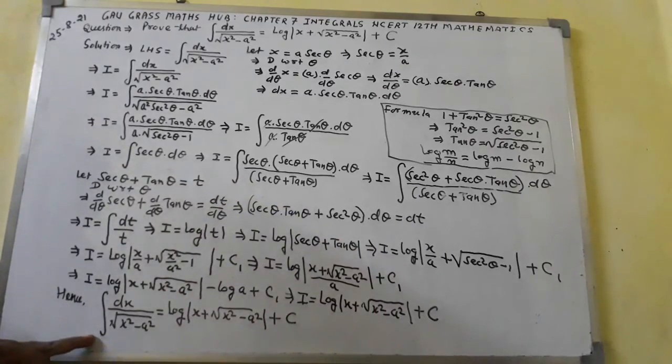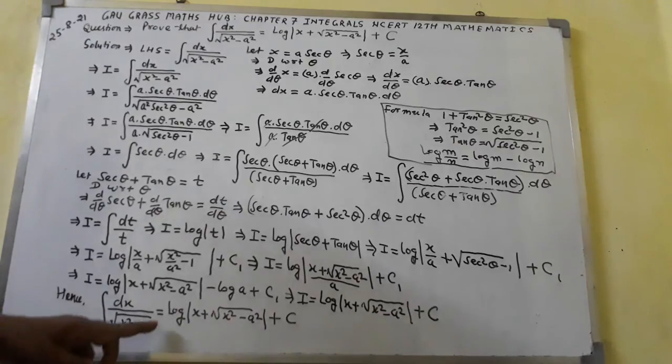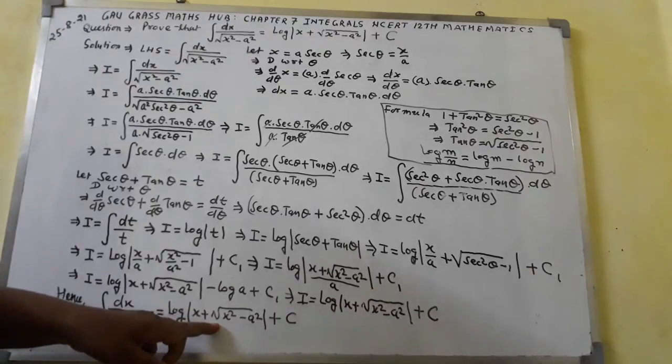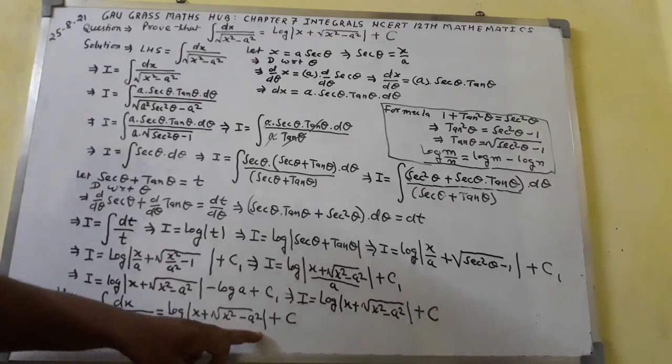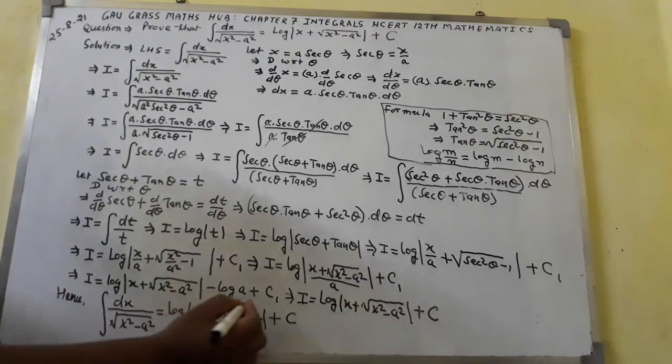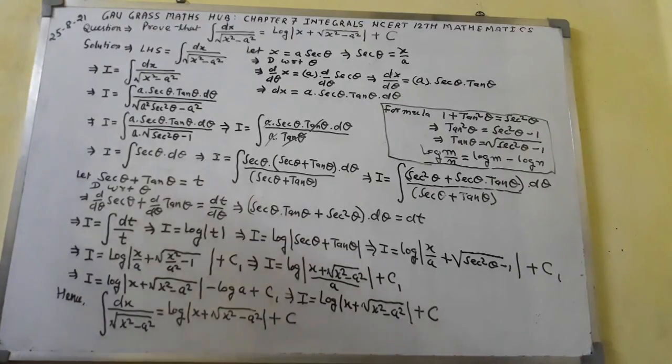Hence integral dx over under root x square minus a square equal to log mod x plus under root x square minus a square mod plus c. This is the formula you must remember.